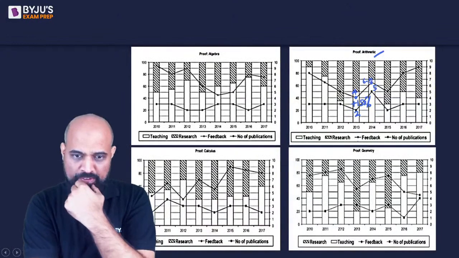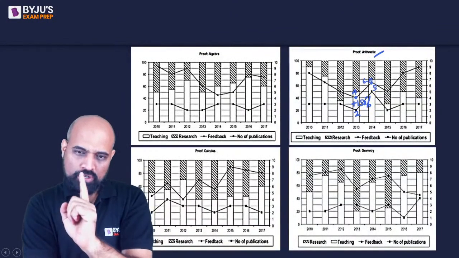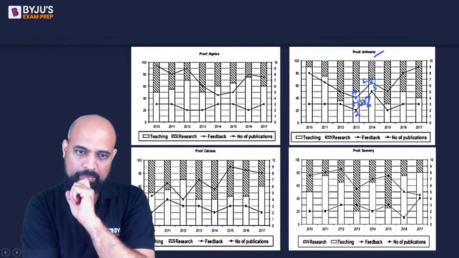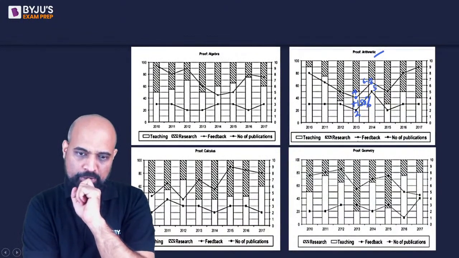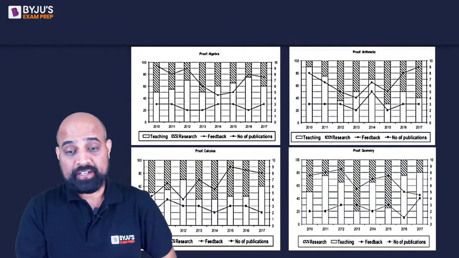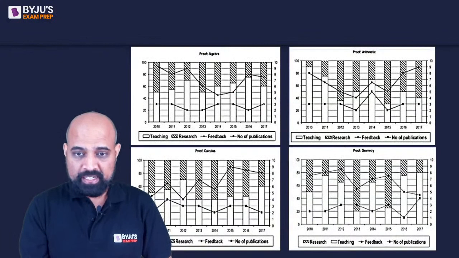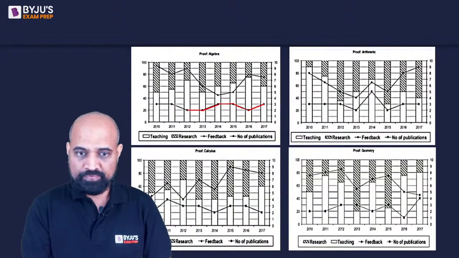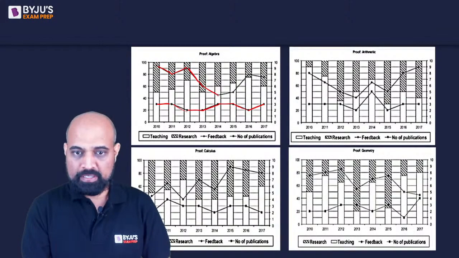If we use a bit of common sense, then feedback score can be in decimals, but number of publications cannot be in decimals. That tells us that this line denotes number of publications, and the feedback is denoted by these, because feedback can be 9.5, feedback can be 6.5.